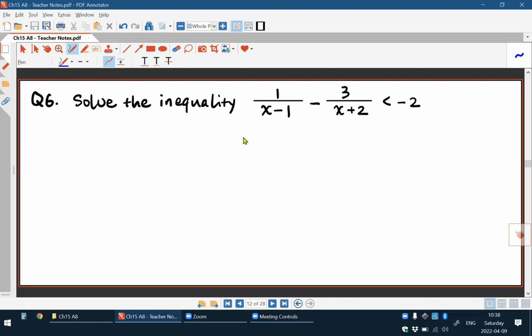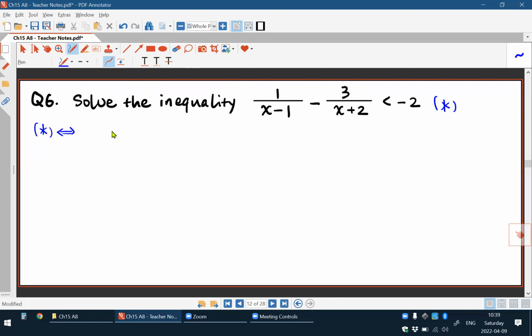Solve the inequality here. Okay, again, do not just multiply both sides using the product of these two factors, because you don't know whether it's greater than or less than 0, right? Instead, we can just move everything to one side and rewrite that using a common denominator. So, for example, let's move everything to the left.